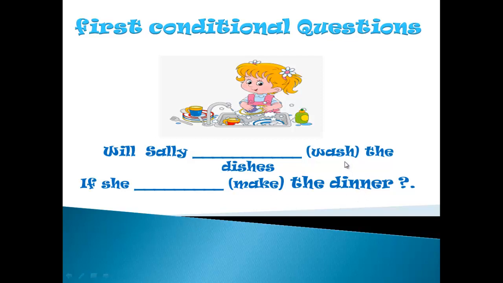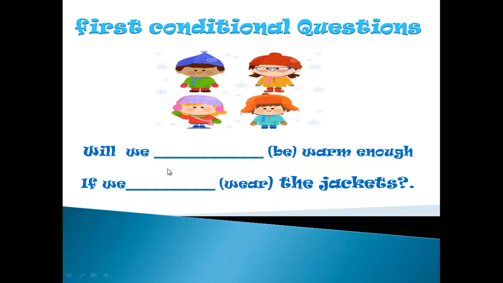What should you write after will? After will you should write wash. Excellent. If she make, after if, present simple. After she, he, it, what should you write? Makes. You should add what? S. Well done. The next one now.